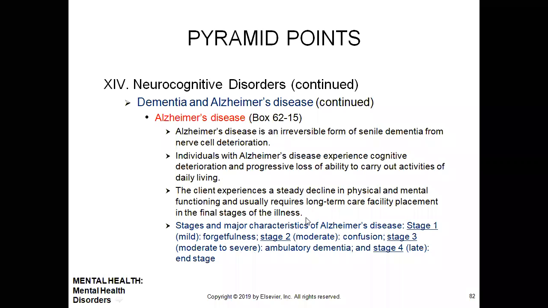What about stage 2? This is called moderate. The patient is confused in this stage, with difficulty planning or organizing, and personality and behavioral changes take place.